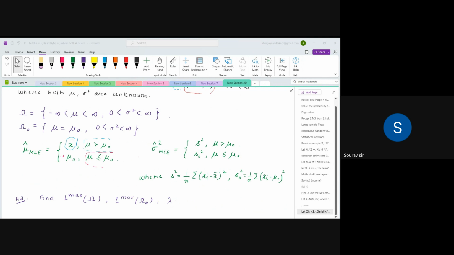Second line of what? Under mu MLE, we are saying that if mu is greater than mu naught, then it becomes x bar. Under omega naught, we would know that it is already less than mu naught, so we just keep it as mu naught.